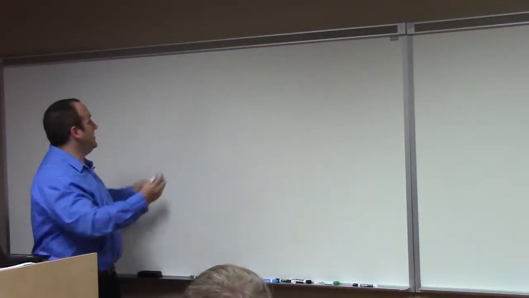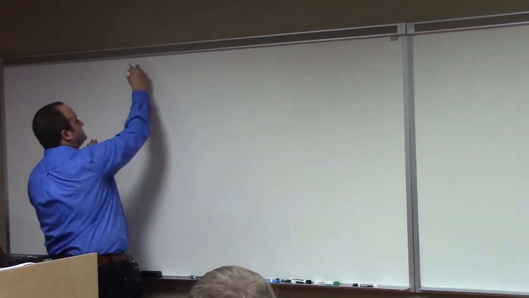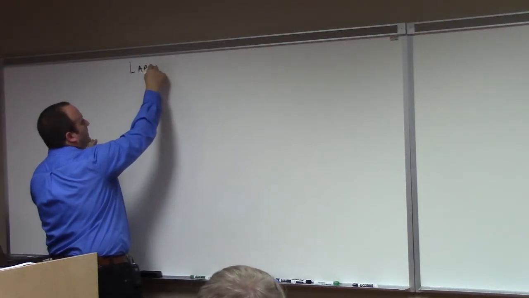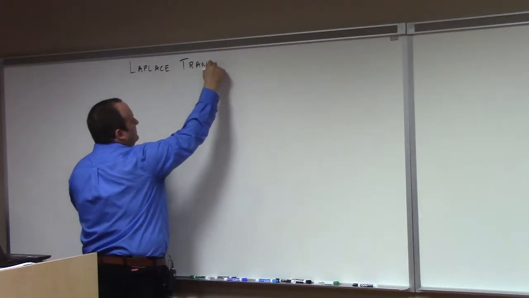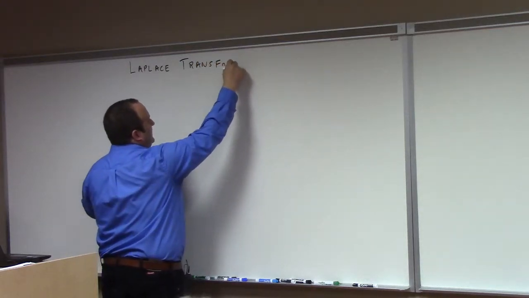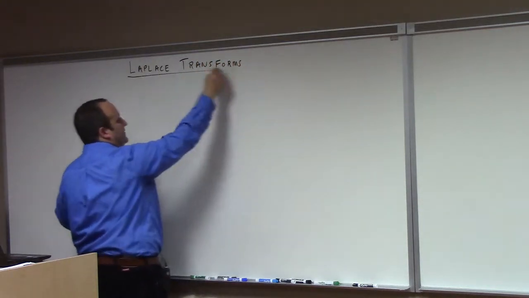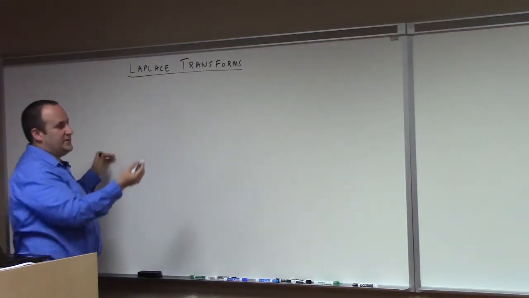All right, so getting back to Laplace transforms. So I mentioned this idea of exponential order alpha last time, but I haven't really exposited much on that. So let me just take a minute to do that.